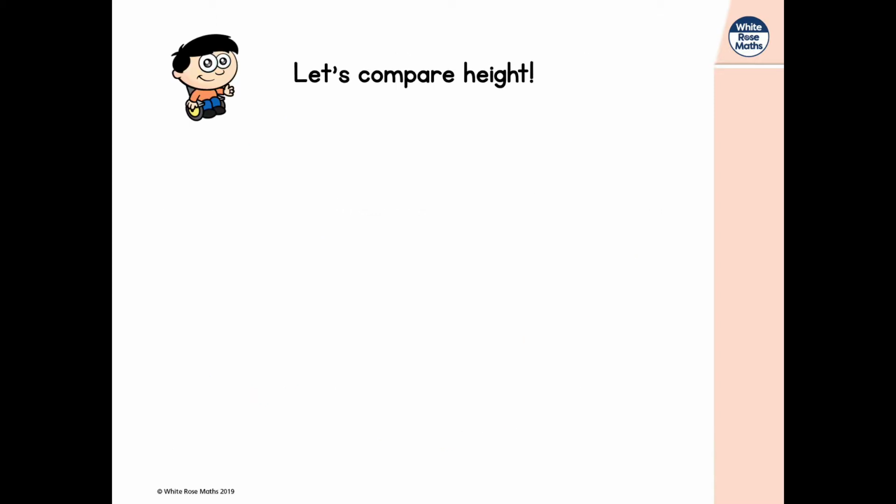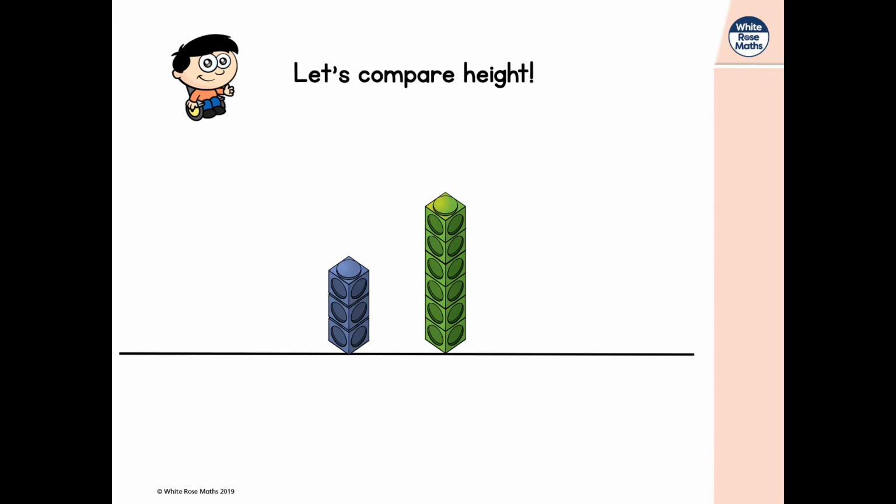So let's compare height. Here we have two towers of blocks, a blue tower and a green tower. And if we compare, we want to look at which one is taller, or the tallest, or the shortest. Let's take a look. Which tower is shorter?